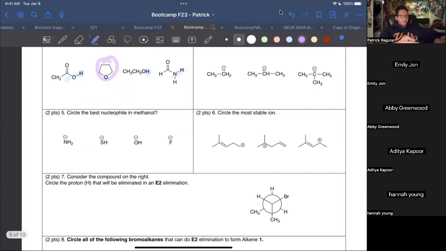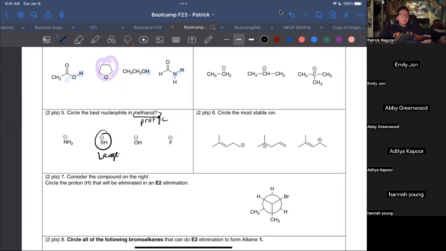Okay, next one. Circle the best nucleophile in methanol. Methanol is a protic solvent. If you have a protic solvent, the best nucleophile is going to be the largest one. Straight up.